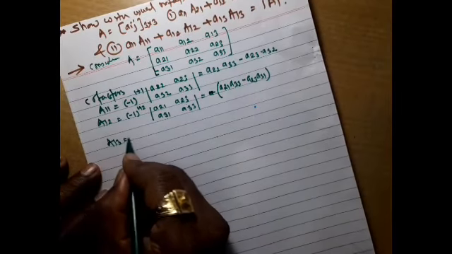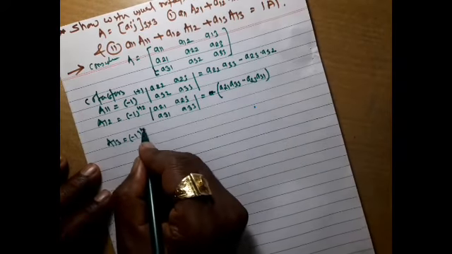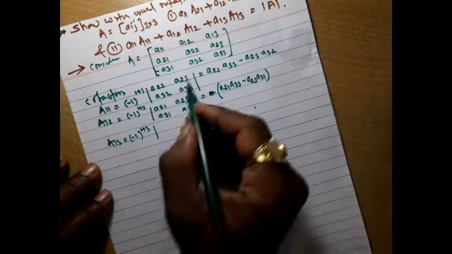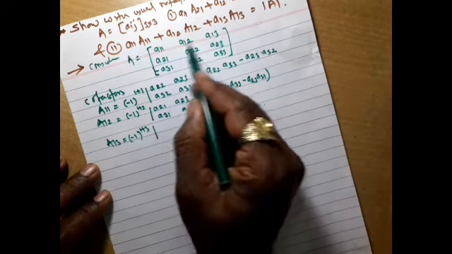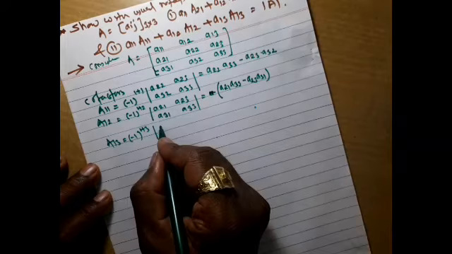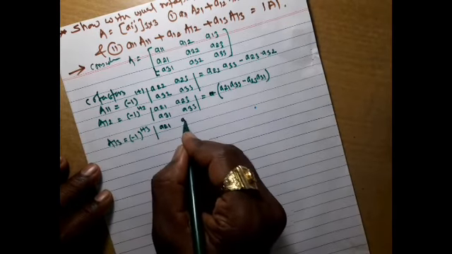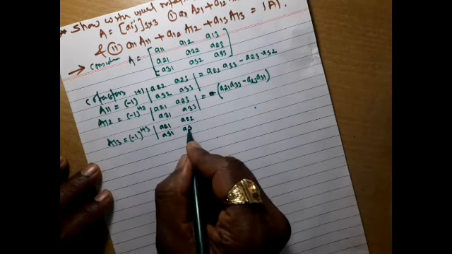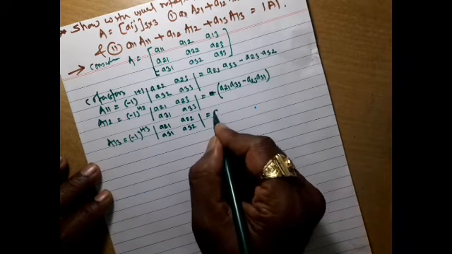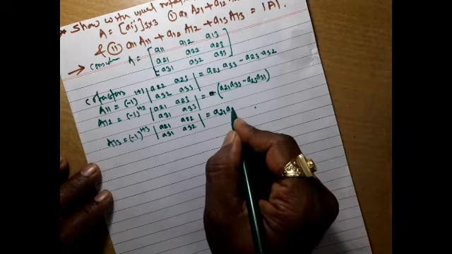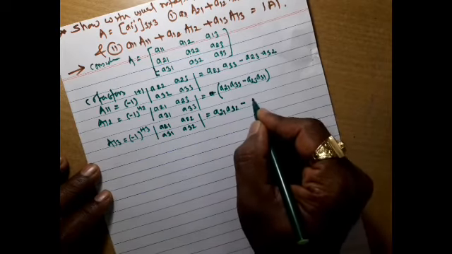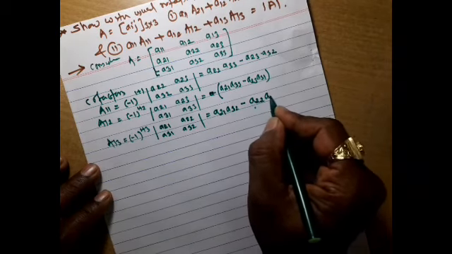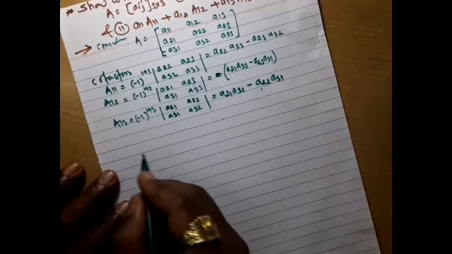Now A13 is (-1) raised to 1 plus 3. A13 means this element; by deleting the corresponding row and column, it will be a21, a22, a31, a32, and this is equal to a21 a32 minus a22 a31.